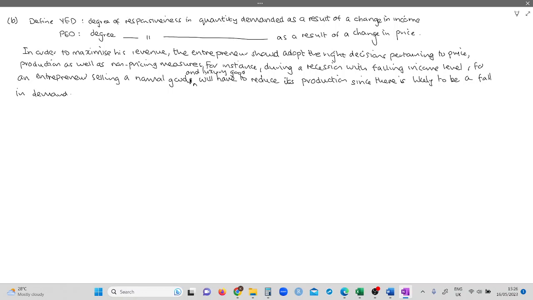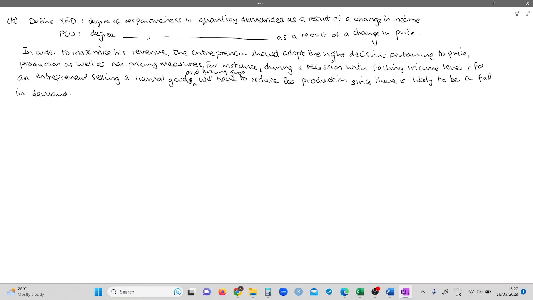Now, similarly, during a recession, entrepreneurs selling inferior products will tend to be favored, because whenever we have falling income levels, people will tend to buy these inferior products. Examples of inferior products are outdated clothes, second-hand clothes.